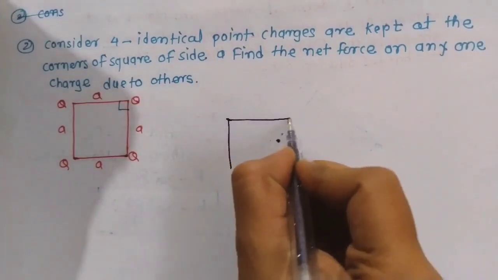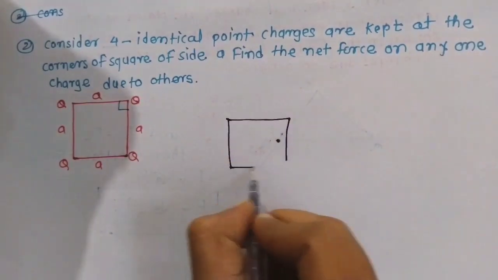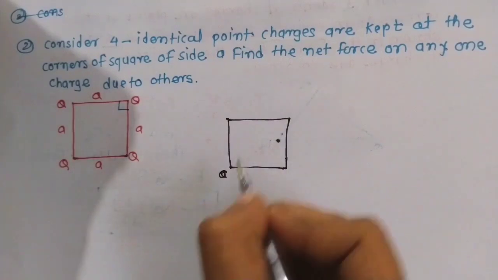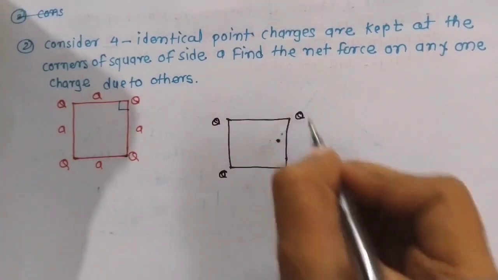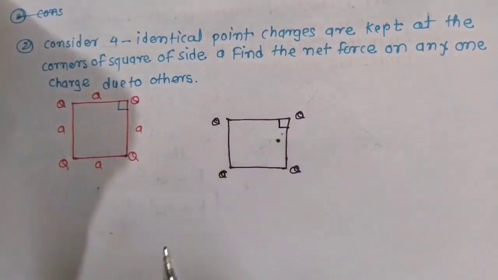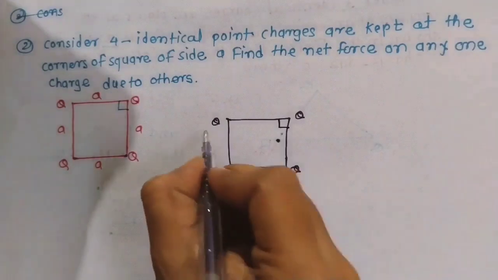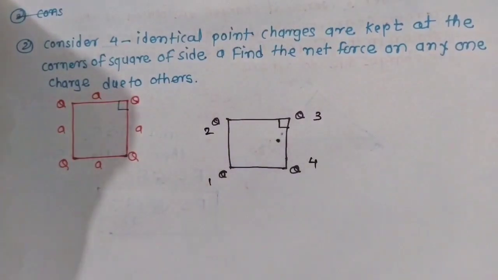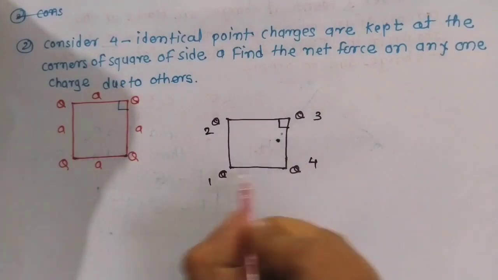Okay, we draw this again. This is Q, Q, Q, Q, and this is 90 degrees. Charges 1, 2, 3, and this is 4. We find the net force on charge number 4.